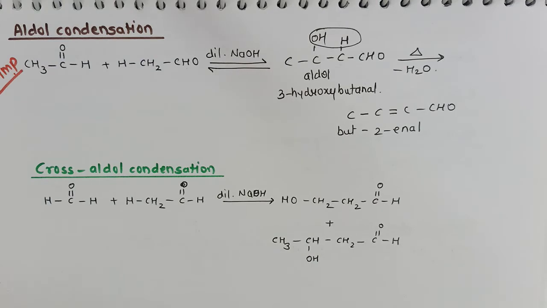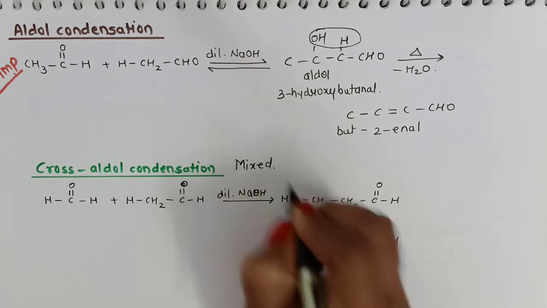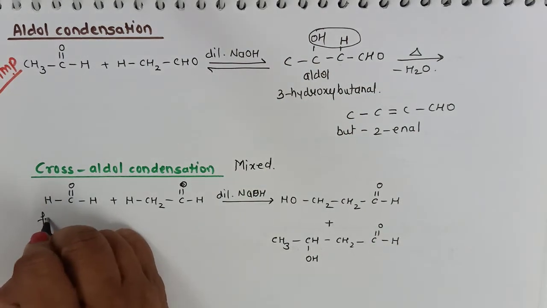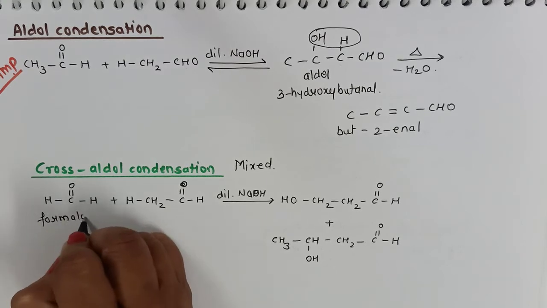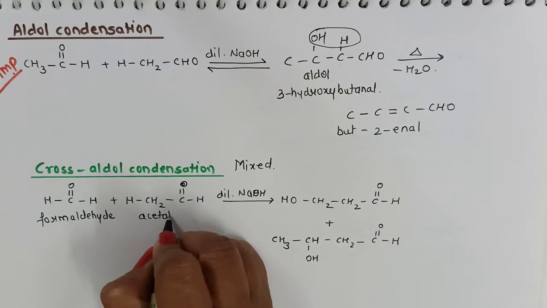Now when the aldol condensation is carried out between 2 different aldehydes or 2 different ketones, we call it as a cross aldol condensation. It is also called as a mixed aldol condensation. So here we have taken the example of formaldehyde and acetaldehyde.